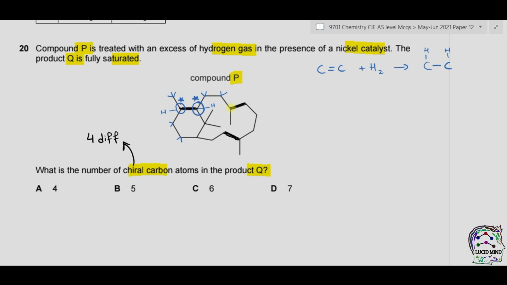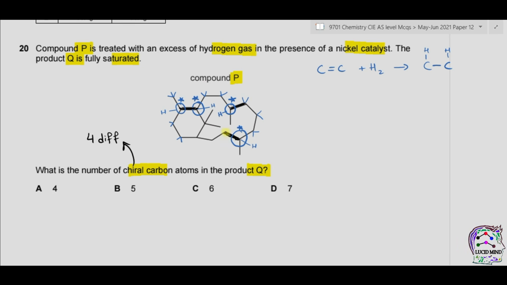Now looking into this one, we have 1 hydrogen atom also present, and all 4 groups are different, so therefore this is also chiral. For this carbon we have 2 hydrogen atoms present, 2 for this one, 2 for this one, all 3 are not chiral. Then looking at this carbon atom, we have 1 hydrogen also present. This is chiral because all 4 groups are different.